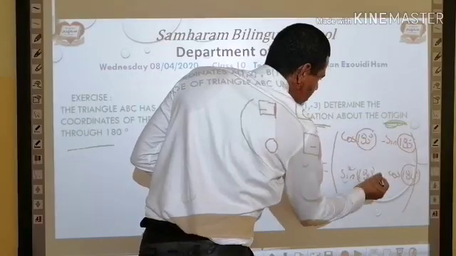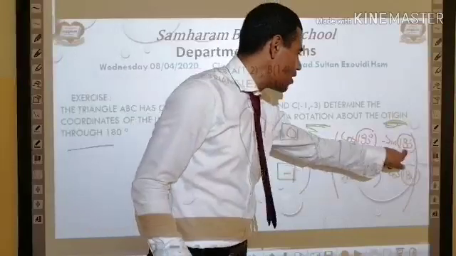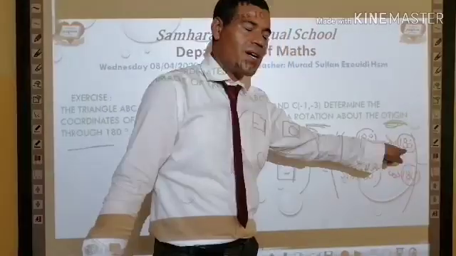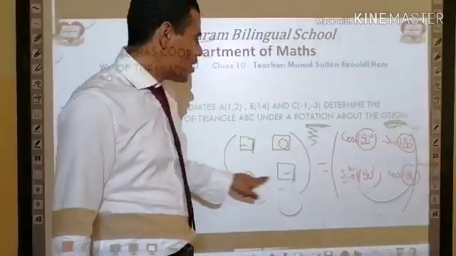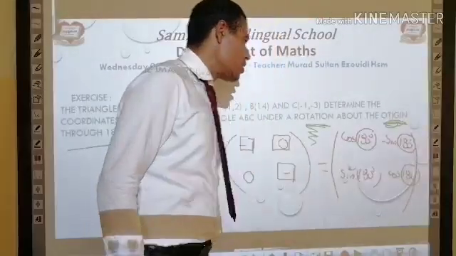So cosine of 180 is -1. Minus sine of 180 is -0, and -0 is 0. Then sine of 180 is 0, and -1 is cosine of 180.